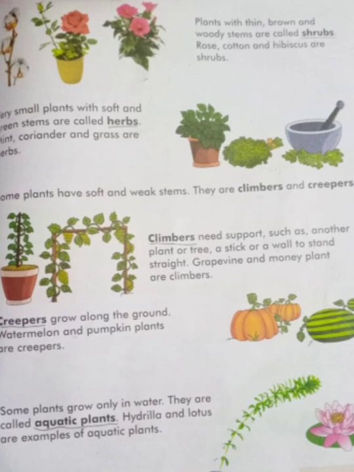Yes, the plants that are very weak cannot grow themselves. They need support to grow. If they will not get any support, then they will not be able to grow. So they need the support of a stick, wall, or any straight strand. So these are called the climbers.